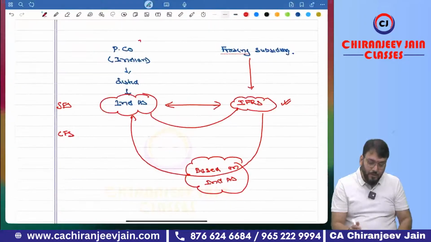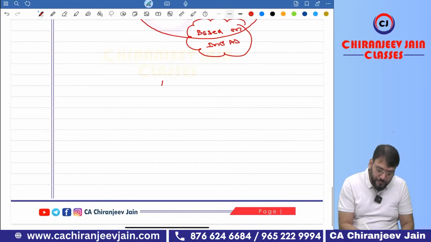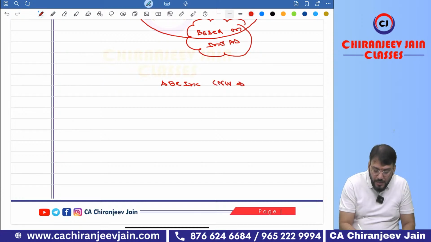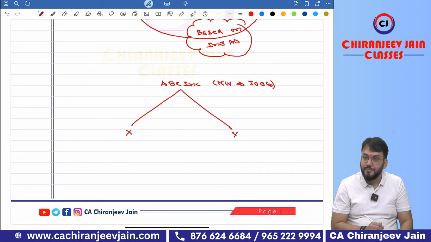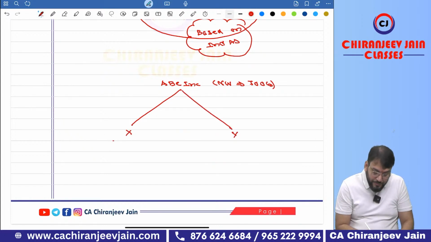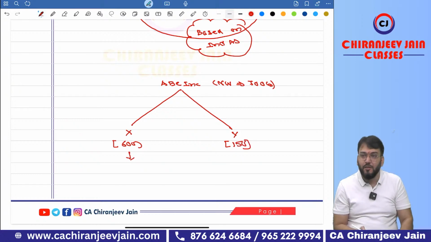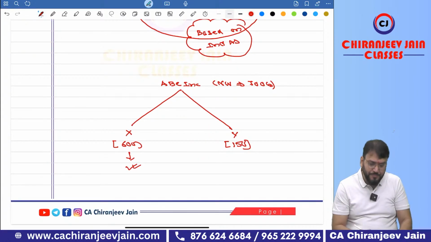So what they are saying: ABC Incorporation has a net worth of 700 crore. It is a foreign company and has two subsidiaries, X and Y. X has a net worth of 600 crore, Y has a net worth of 150 crore. What is the answer? Is Ind AS applicable to X or not? Yes, applicable.